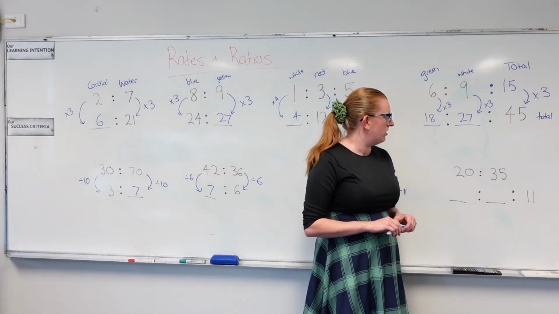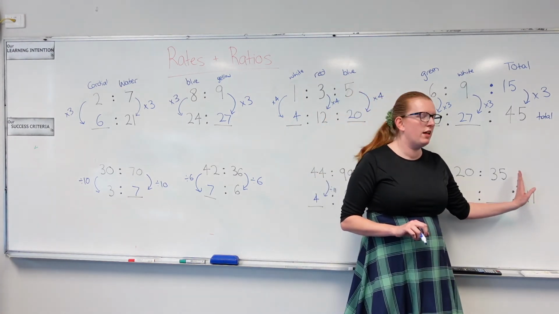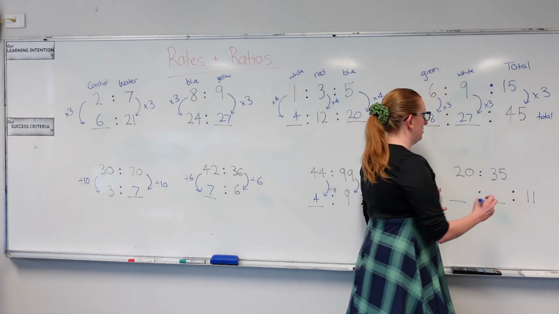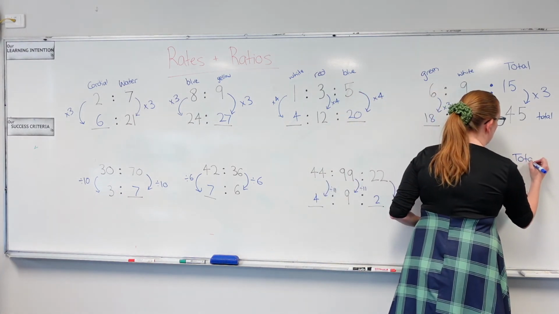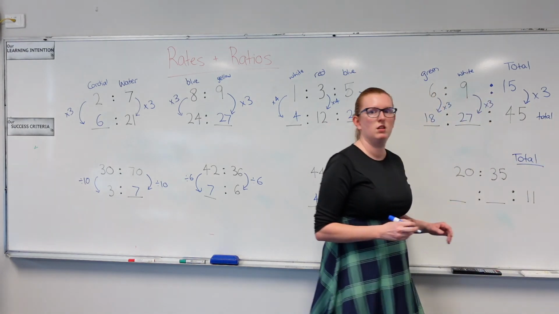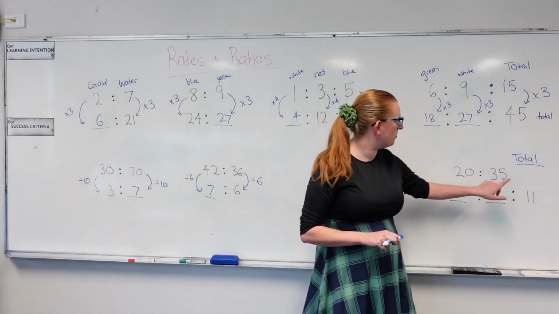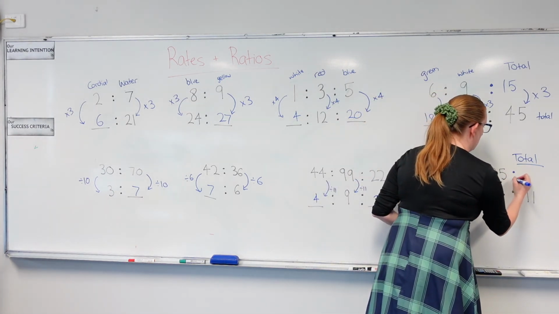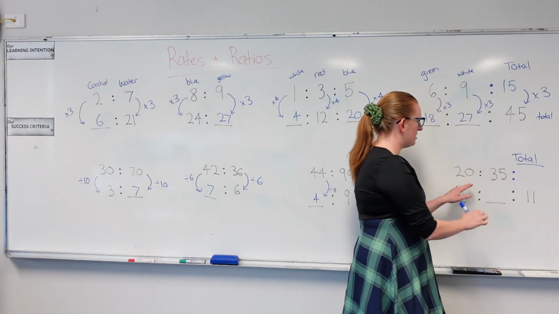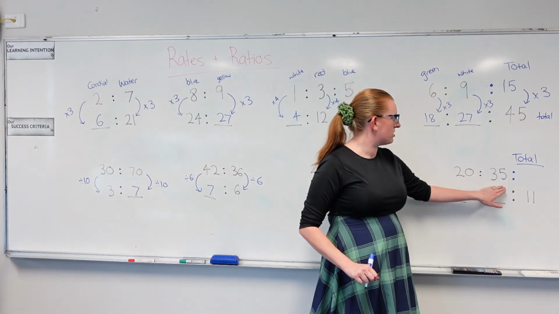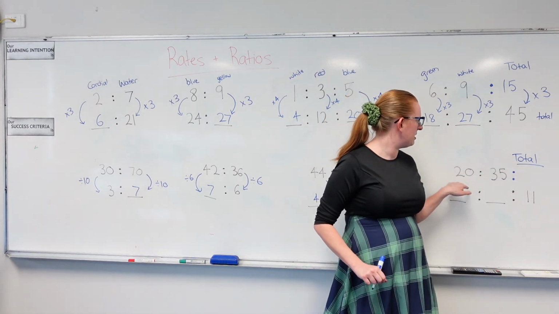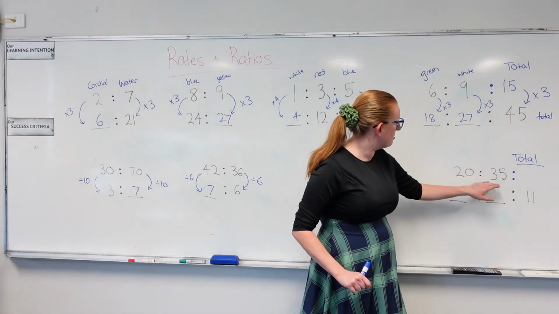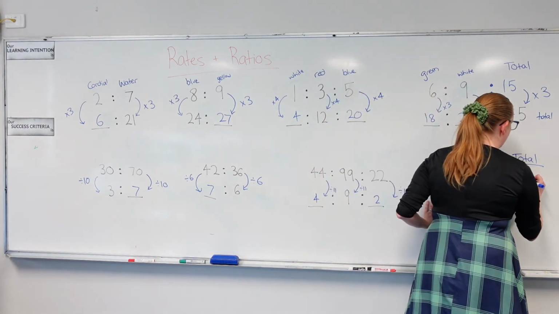So this third column over here must be my total column. In order to fill in the top here, I'm going to add these up, because 20 plus 35 is going to tell me how many parts in total there are up the top. So 20 plus 35 gives me 55.